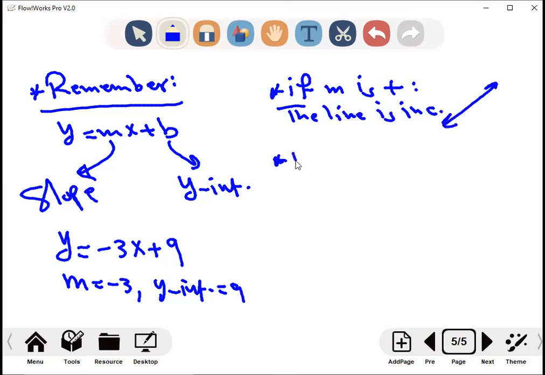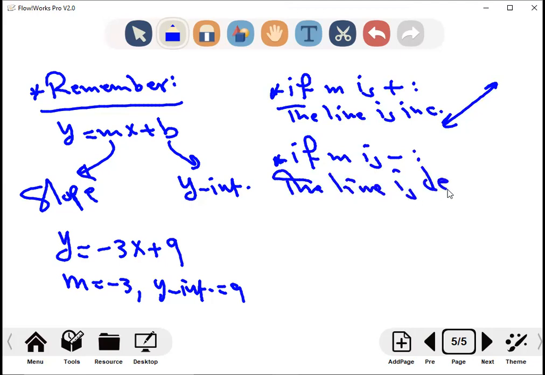Now, if m is negative, the line is decreasing. Decreasing means like this. Done? So from the first look at your equation or linear function, you can figure out if it's increasing or decreasing. Understood?